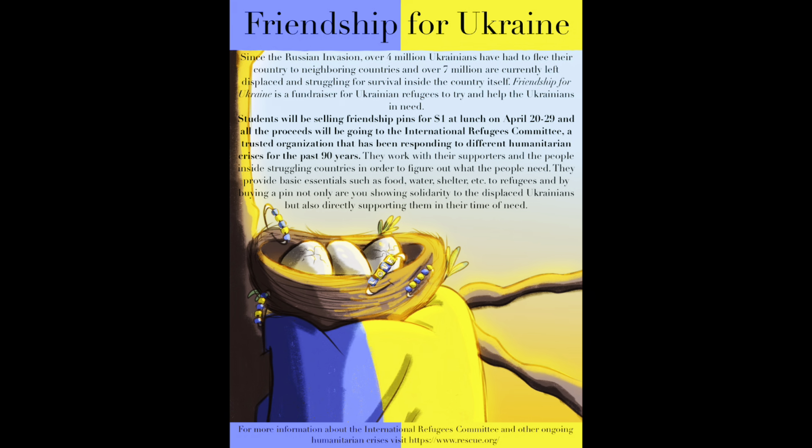Next is the Friendship for Ukraine poster, back when the war between Ukraine and Russia was happening. My English teacher had set up a fundraiser to donate to, I think, a humanitarian organization for children in Ukraine. However, when I went to try and set up posters around the school for Palestine, I was told that I couldn't because of political reasons, but we were allowed to set up these posters.